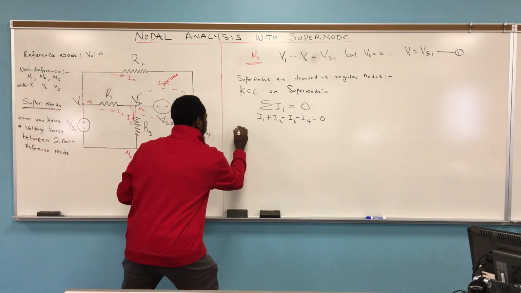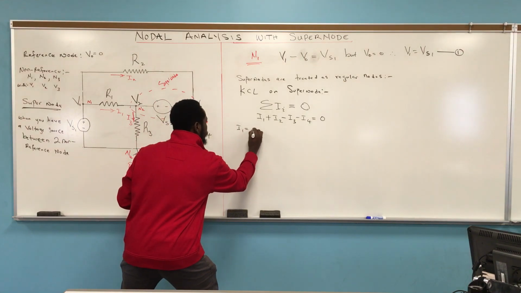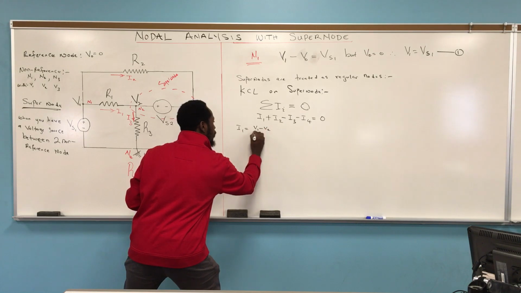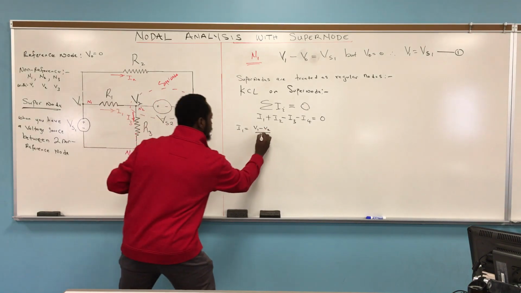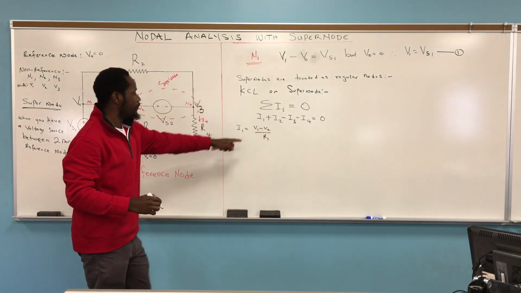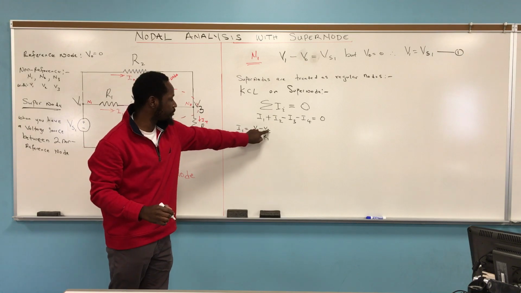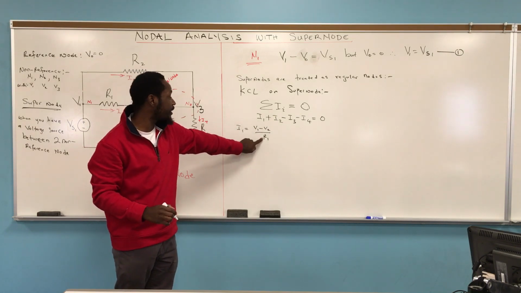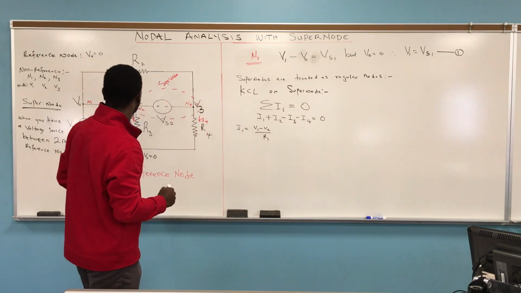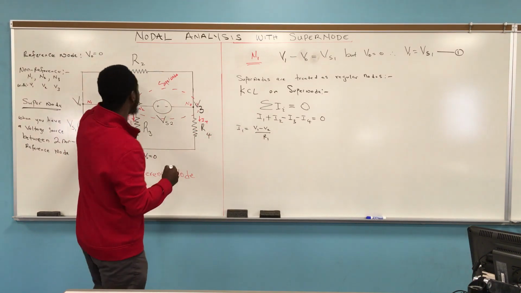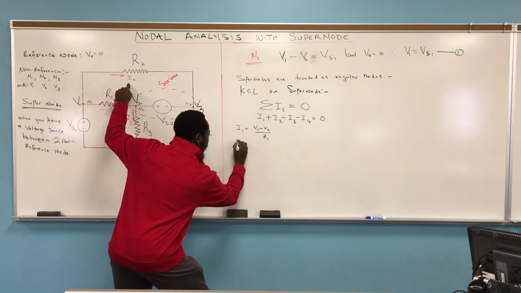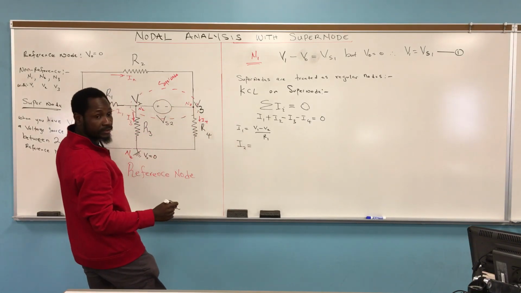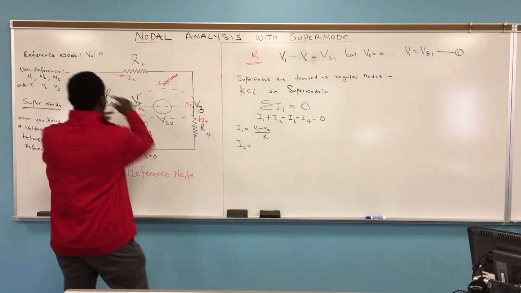So I1 is what? V1 minus V2 over R1. Current is the voltage dropped across a resistor divided by the resistance of the resistor. Similarly, I2 is what? V1 minus what?